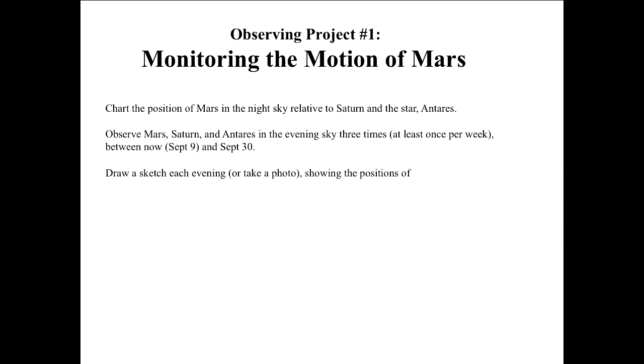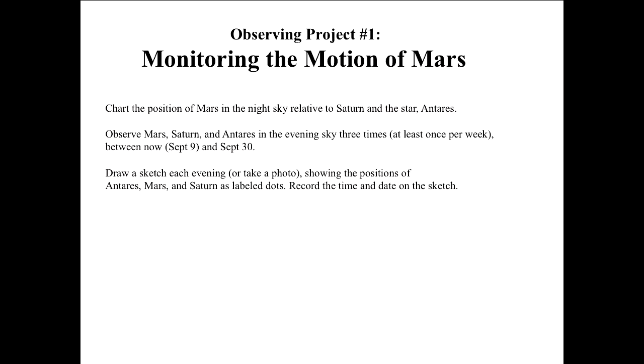So I'd like to have all of you draw a sketch each evening around 8 or 9 p.m., it doesn't matter. Or you can take a photo if you're really clever, showing the positions of all 3 of them, Mars, Saturn, and Antares. And then on a piece of paper, 8.5 by 11, sketch, maybe with some buildings or trees or your roommate in the foreground, Mars, Saturn, and Antares.